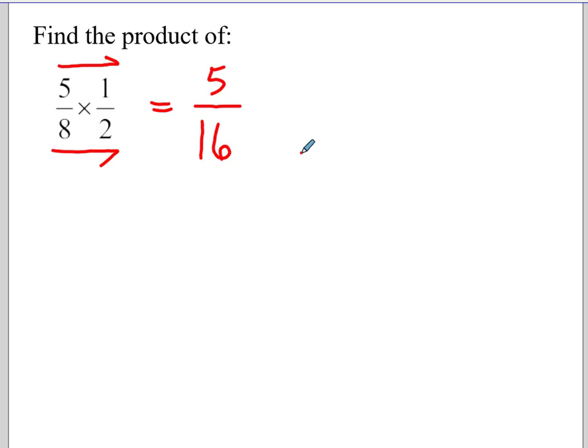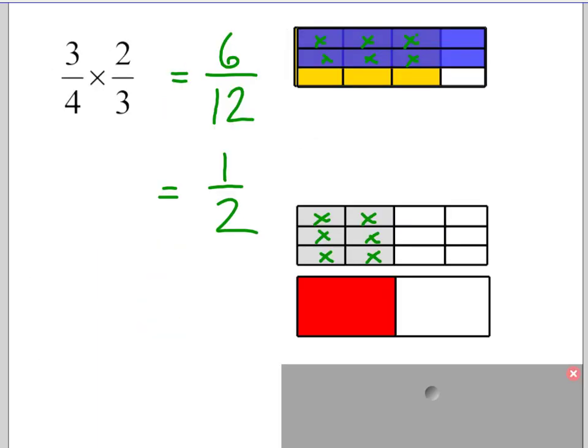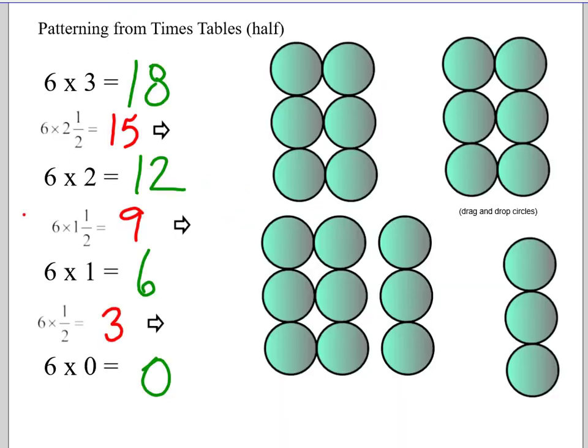Okay, and if we backtrack a little bit and see if that model works, let's go back to here. If I multiplied it straight across the top, 3 times 2 is 6, 4 times 3 is 12, we'd get the same numbers we found in this model. Okay, let's check these ones out. These ones are a little trickier because they're in a mixed format, and we'll talk about that as we get close to the end, but that shortcut will still work.